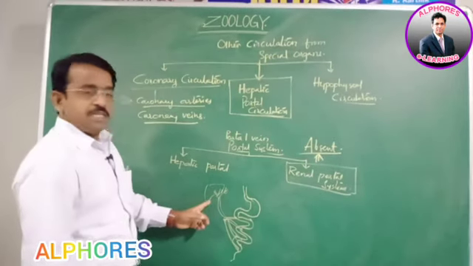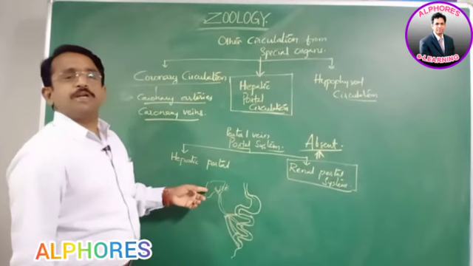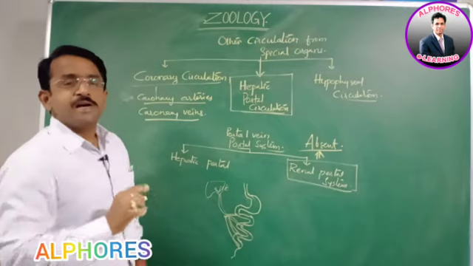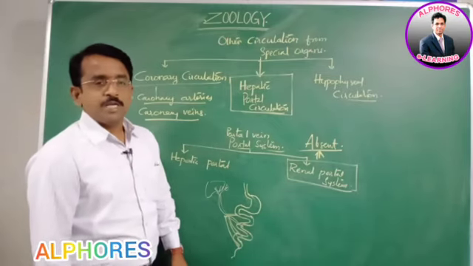So the vein that starts with the blood capillaries in the gut and ends with the blood capillaries in the liver is named the hepatic portal vein, and such a system is the hepatic portal system.